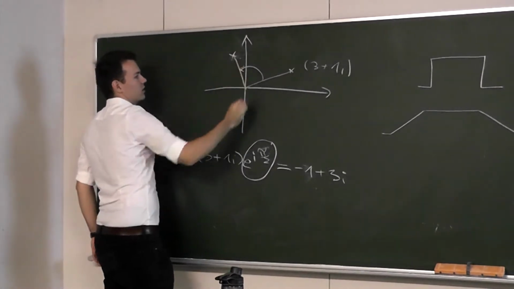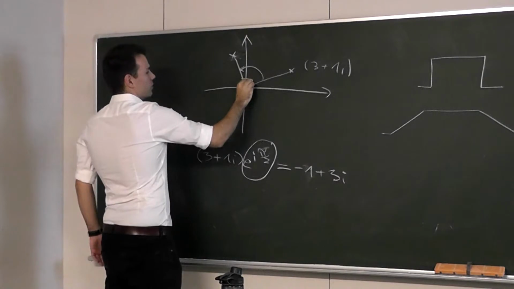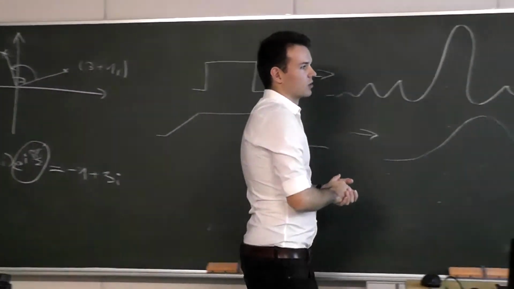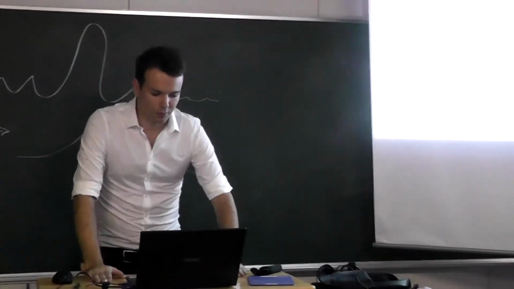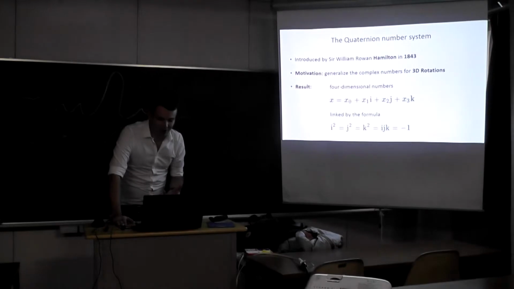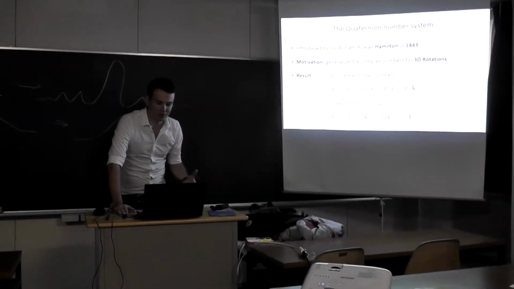And Hamilton wanted to do this in a three-dimensional situation. That's why he thought about the quaternions. But the thing is, you could not just take three-dimensional numbers now. He and other people tried it for some time, but it just wouldn't work.